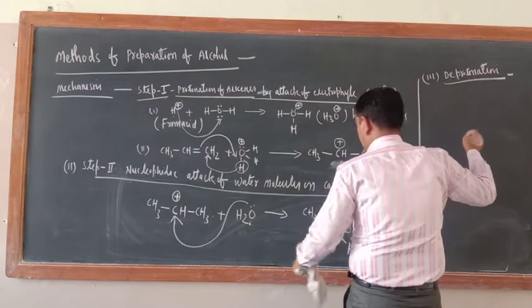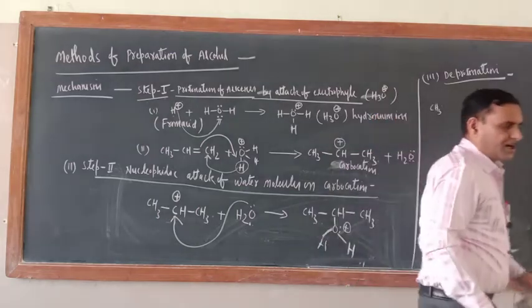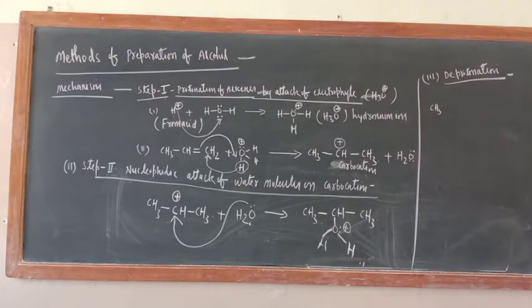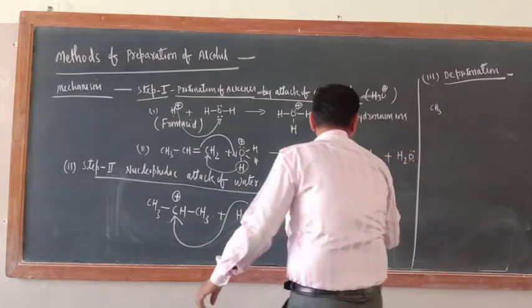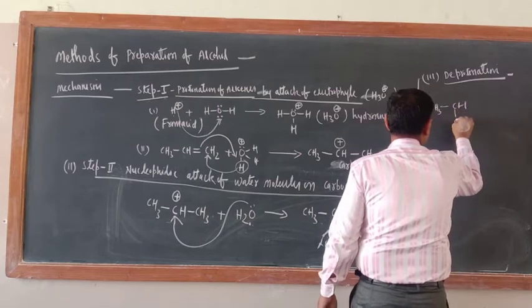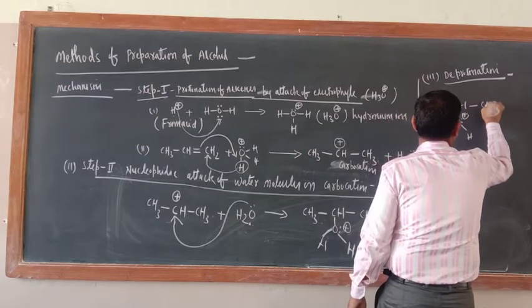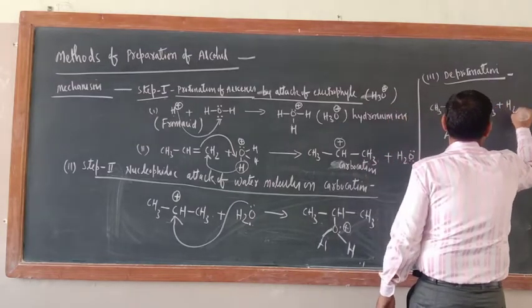Deprotonation always takes place in the presence of water molecules only. Just try to understand here. Here one lone pair only, CH3, here CH, here O, H, H, lone pair of electrons, positive sign, CH3, plus H2O.